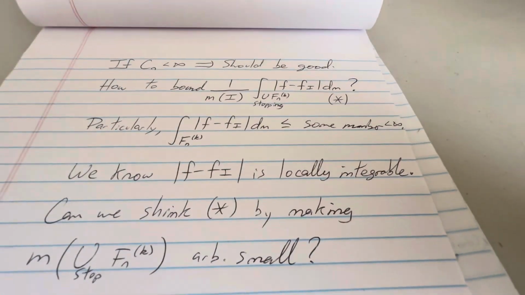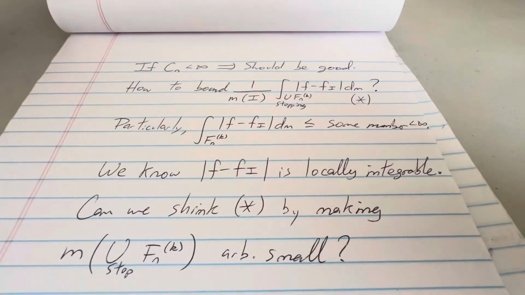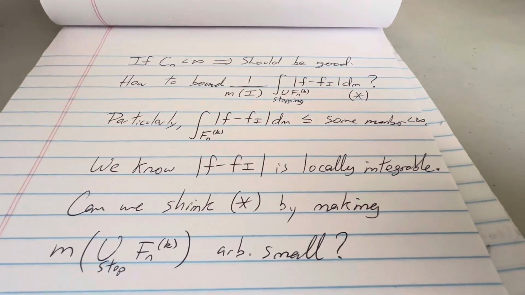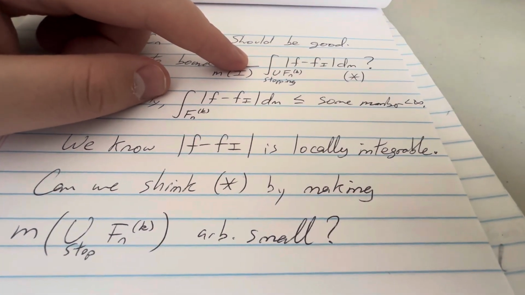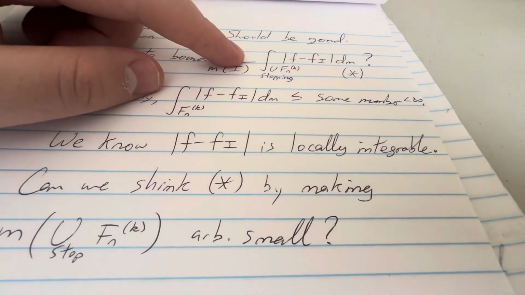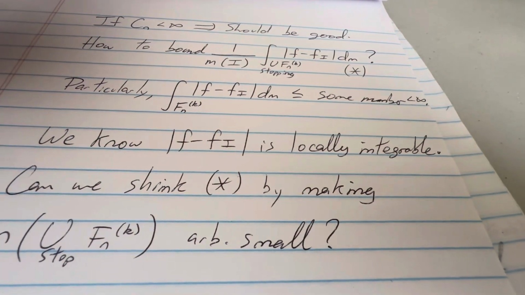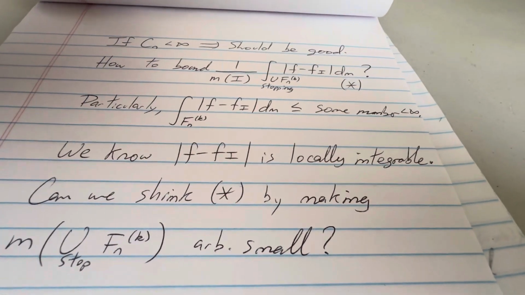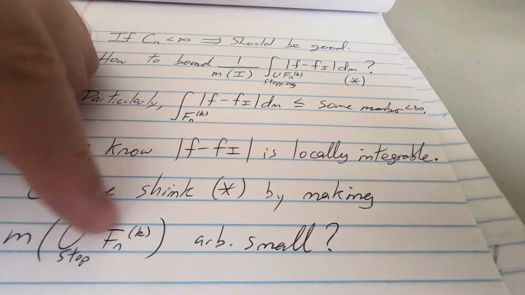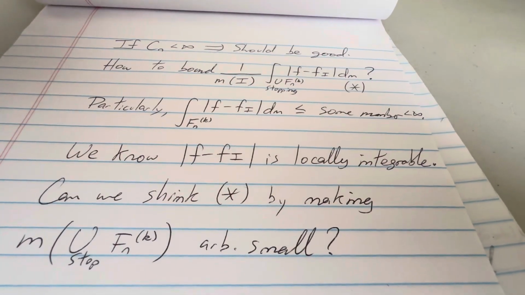I went to the internet just to see if I could find anything to point me in the right direction, but my issue lies with trying to figure out how to make sure that the not stopping sets aren't too numerous, at least I think off the top of my head that's what I want to do, and how to make the measure of the union of these sets arbitrarily small. So I'm not seeing it right now.